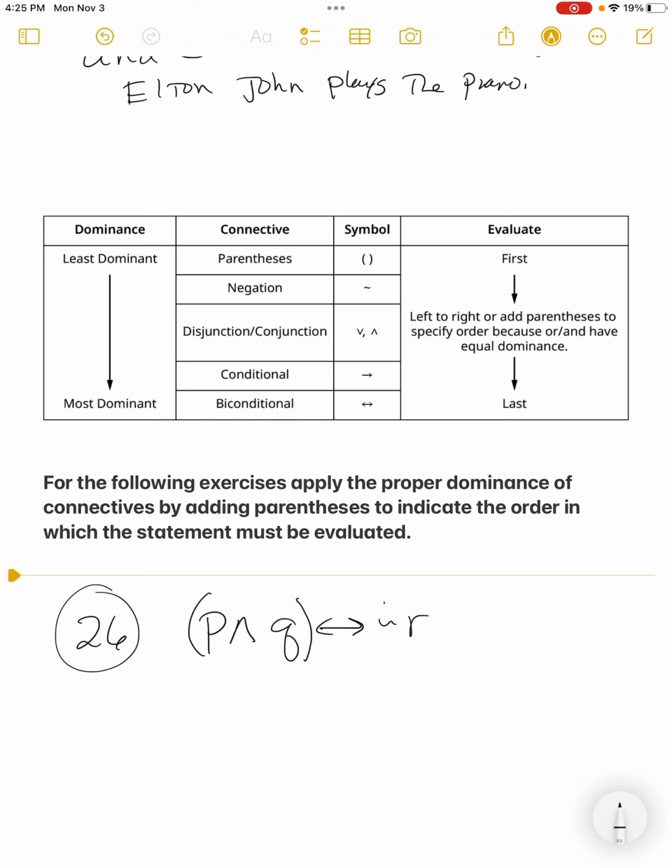We would have to do the negation of R even before that, but I don't think it needs parentheses. We can absolutely put it on, but it's a single thing. We would basically do the negation of R first. Then we would do P and Q, and finally we would do the biconditional there. So it really would be first, second, third.